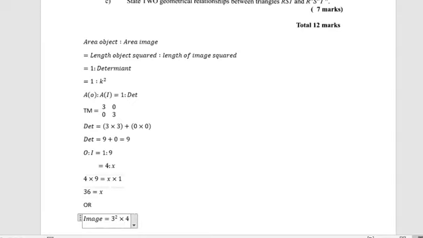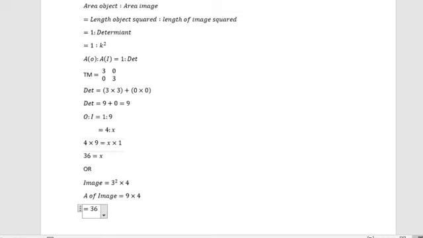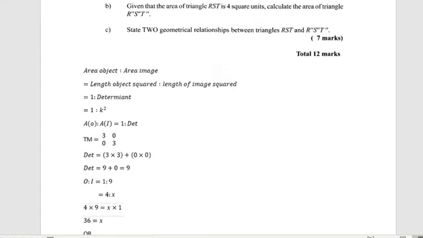So area of image is equal to 3 3s are 9, 9 multiplied by 4, which is basically what we got there in the end. This is just a longer way, and what you'll get for your final answer is 36 square units, and that is the area of the new found image.